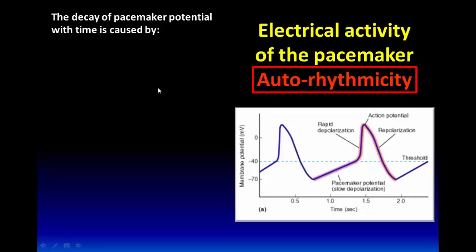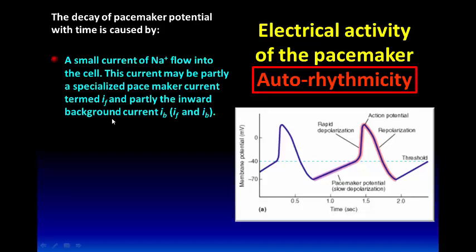The decay in the pacemaker potential is the electrophysiological basis of autorhythmicity. It is behind the ability of the sinoatrial nodal cell to generate action potentials spontaneously. This decay is caused by a small current of sodium flow into the cell. So in this part, the voltage across the nodal cell membranes becomes less negative because there is a small current of sodium flow into the cell.